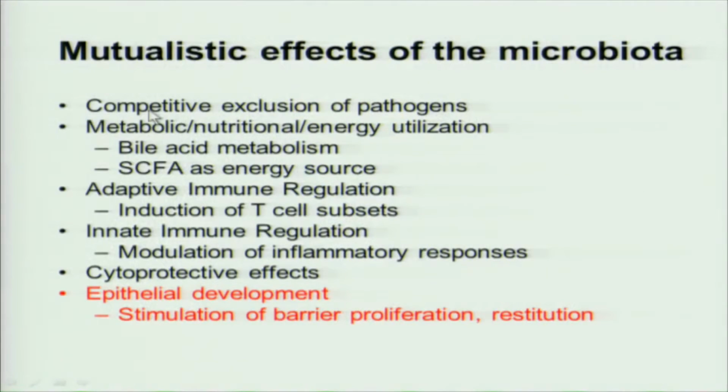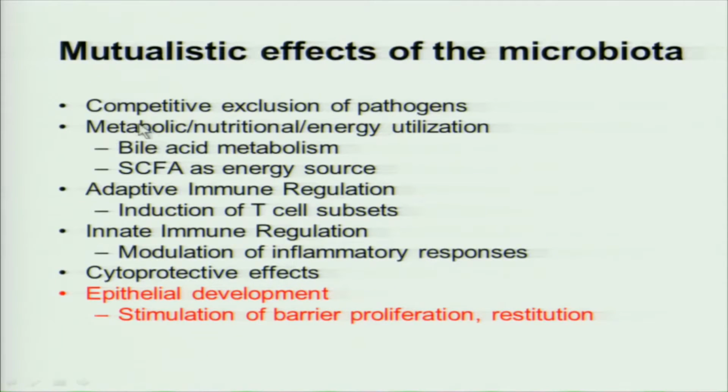But usually the microbiota is symbiotic. So the mutualistic effects of the microbiota, these have been cataloged over the years. Competitive exclusion of pathogens. This is colonization resistance, and as Colleen will jump into, this is the major topic of microbiota occupying binding sites or utilizing nutrients otherwise used by a pathobiont or, say, C. diff, for example.